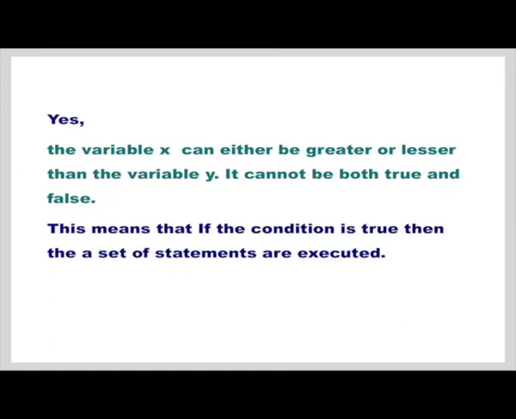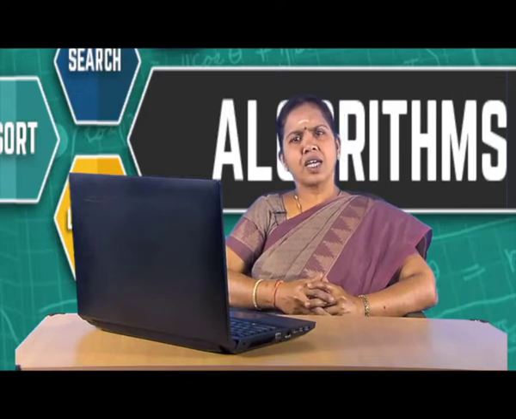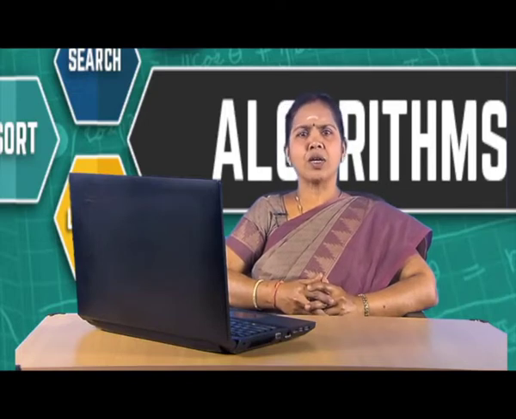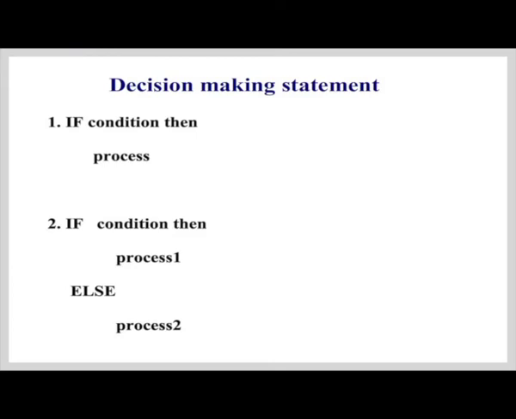This means that if the condition is true, then a set of statements is executed. Decision making statements can also be stated in the following manner. Yes, it is the if else construct. From the construct, what do you infer? Well, if the condition is true, then process 1 is executed, else process 2 is executed.